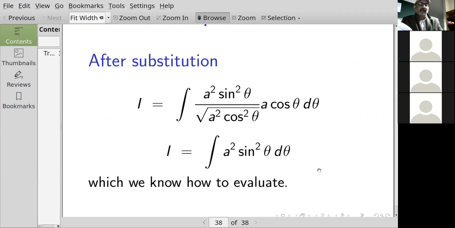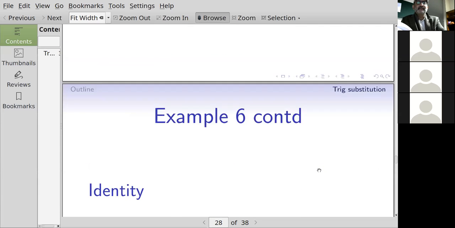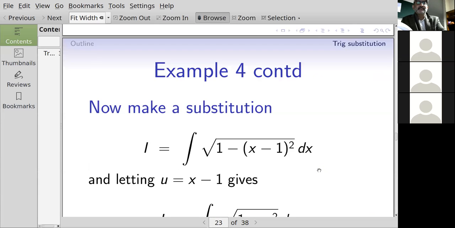How do I evaluate the integral of sine squared theta? We use the double angle identity. We had that right at the beginning.